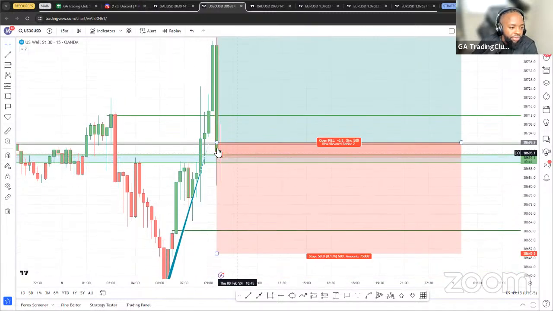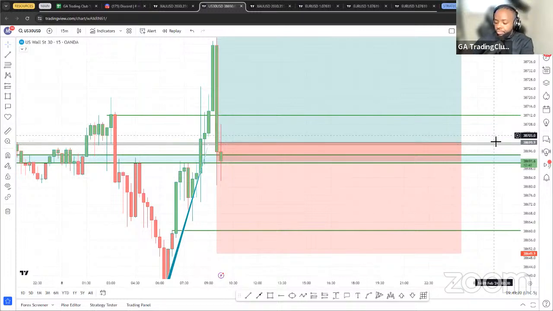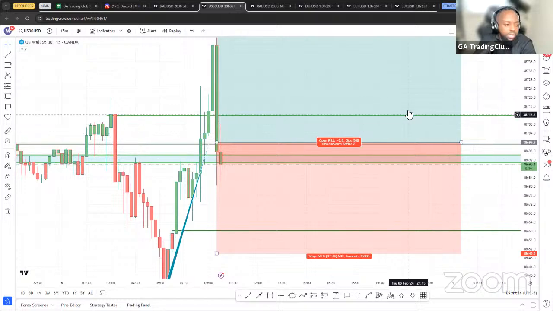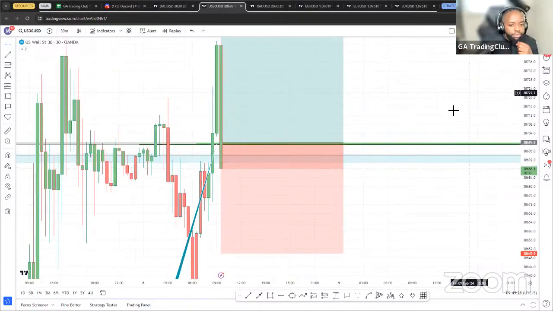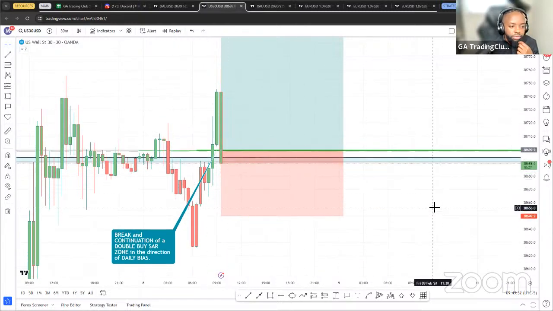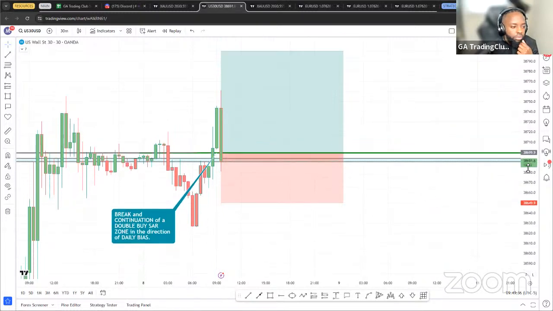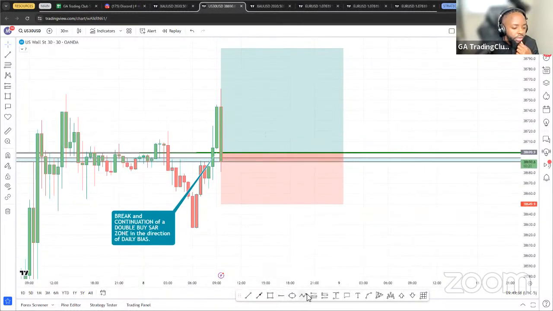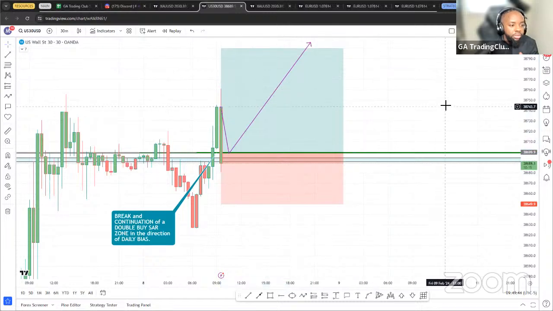Currently, it's the 15-minute zone that's holding price, but that might be another entry that sets up there if it does set up. And the idea for this trade was here, here, and here.